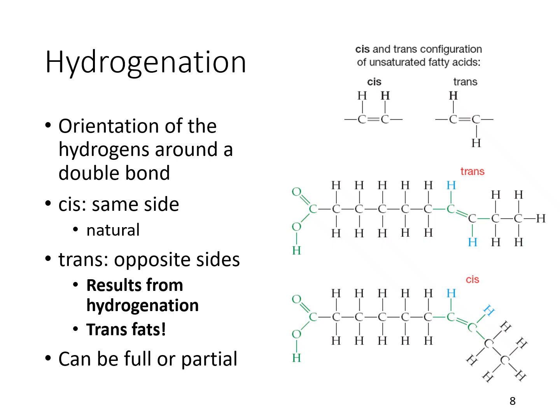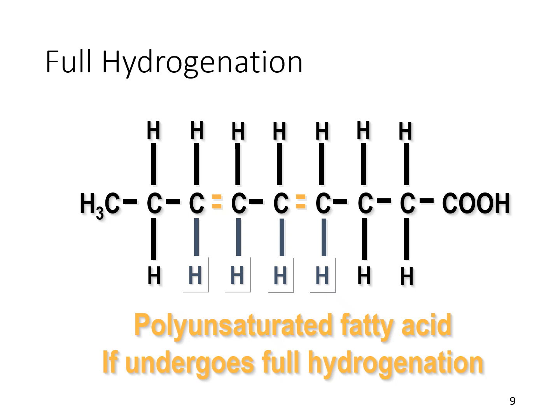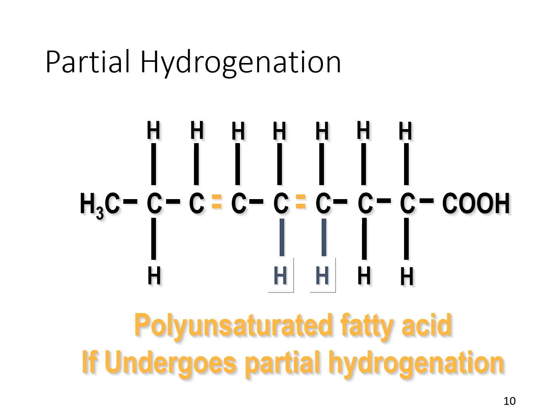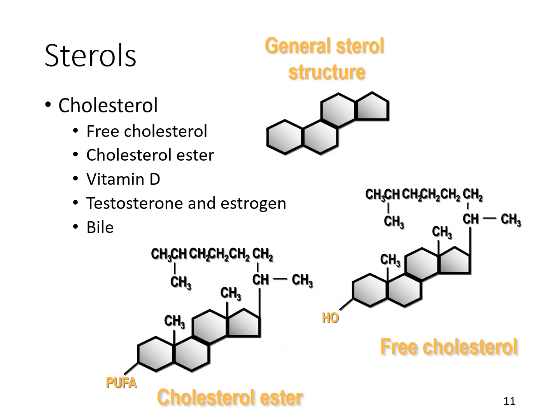And if we have ones that are on the same side of the carbon, we call them cis. These trans orientations tend to be associated with negative health outcomes, so that's something to be watchful for. If we were fully hydrogenating, for example, we would take away all of those double bonds and just have hydrogens attached everywhere.